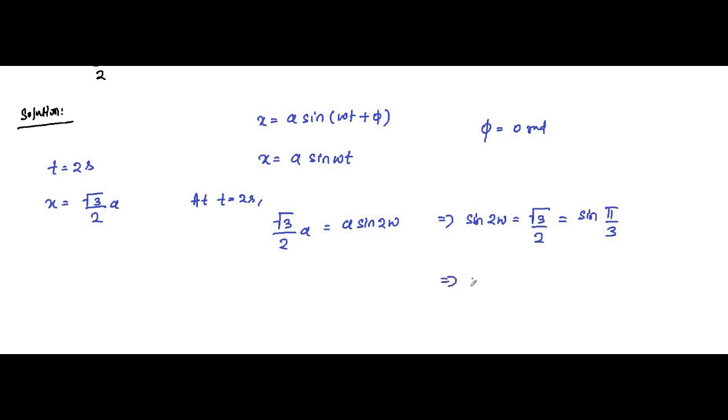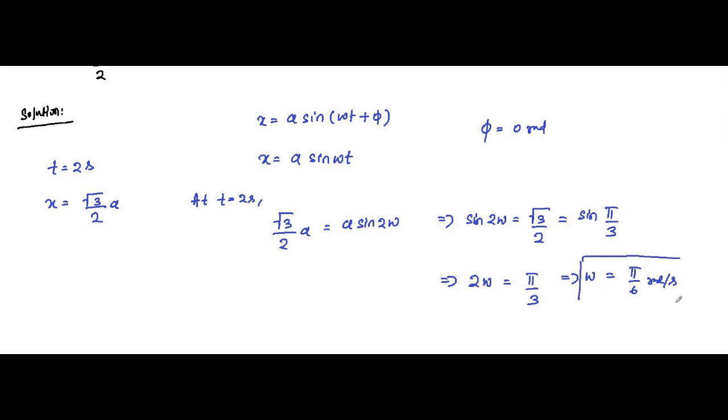So that implies 2 omega is equal to pi by 3, which implies omega is equal to pi by 6 radians per second.